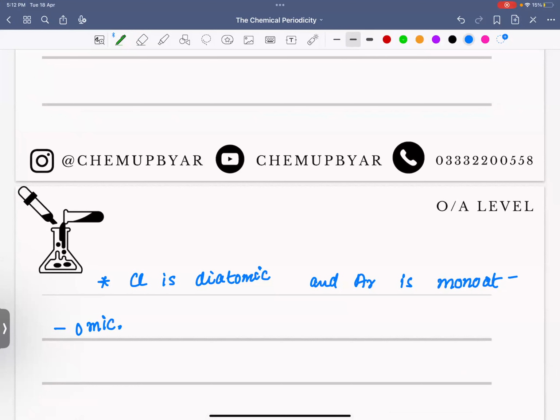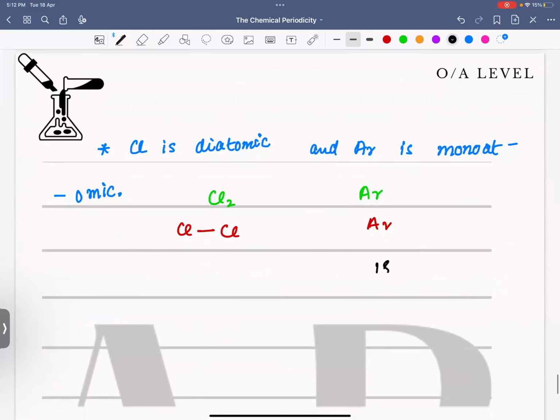So chlorine is Cl2, and you cannot draw argon like this. Okay. So if you look over here, it has 18 electrons.